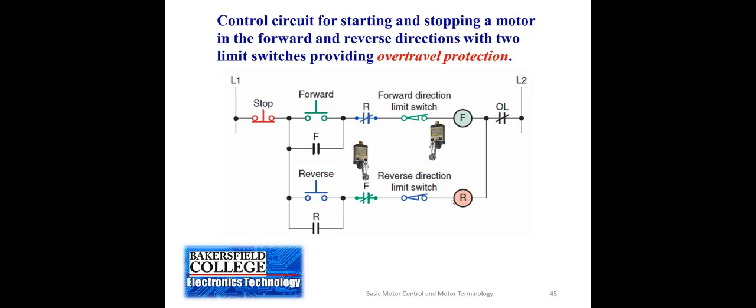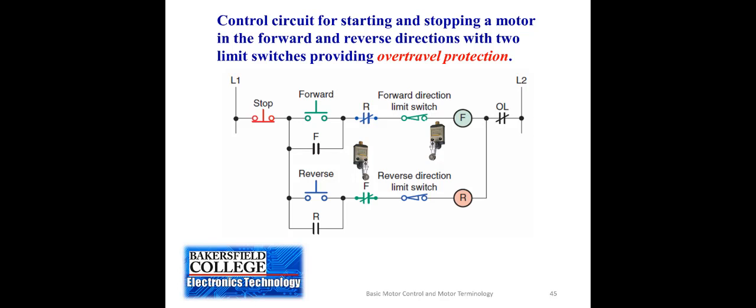And then when it's reversed, it'll also turn off when it reaches the limit of travel because it opens up that limit switch. Now, both of these limit switches, they're different ones because they're in different locations on the piece of equipment. They're both normally closed, which means that until the limit is reached, the circuit will operate correctly.